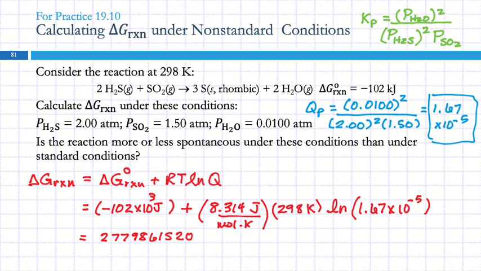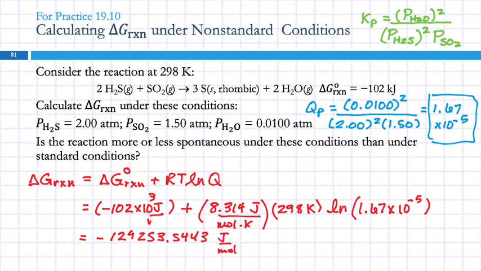So let me fix what I did. Put a plus in there. Minus 129,253.5443. Still kind of a ridiculous number, but not as ridiculous. I got that first number by multiplying here instead of adding, so don't do that. And this is going to be in joules per mole.